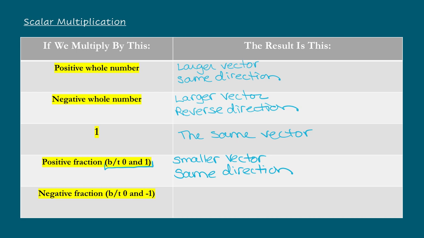And then last, if we have a negative fraction between 0 and -1, so again, same situation. We're not talking about a mixed number. We're talking about a fraction that's between 0 and -1. We're going to get a smaller vector, and we're going to reverse the direction.